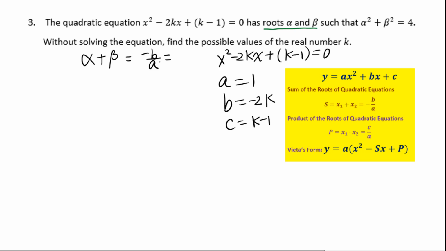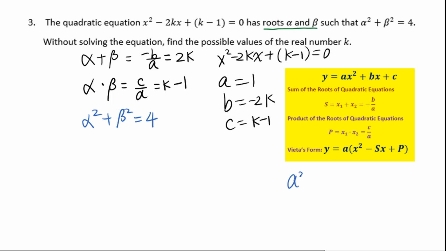So we get alpha plus beta equals 2k, and alpha times beta equals c over a, which means k minus 1. We do know alpha squared plus beta squared equals 4.